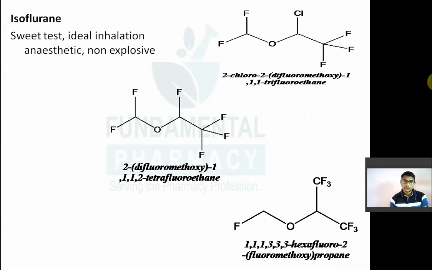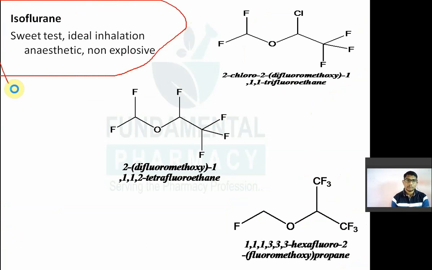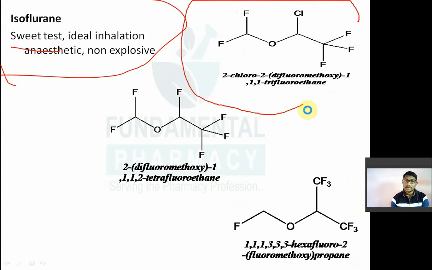So isoflurane is sweet in the taste. It is again an ideal anesthetic agent. It is non-explosive. ये भी ideal anesthetic agent है. इसका भी property ideal है. So sweet in taste, ideal inhalation anesthetic, and it is non-explosive. So what is the structure of isoflurane? Enflurane जो है उसका ये isomer है. Whatever enflurane is there, it is an isomer of that.